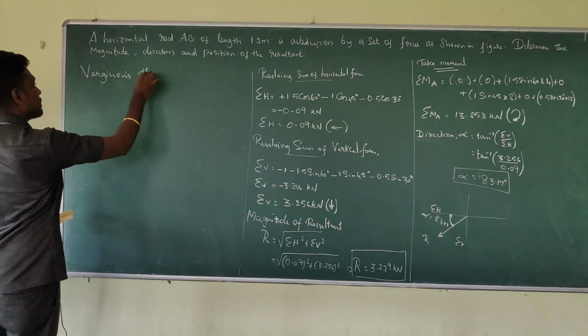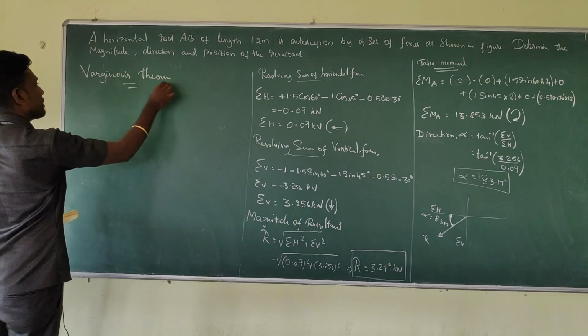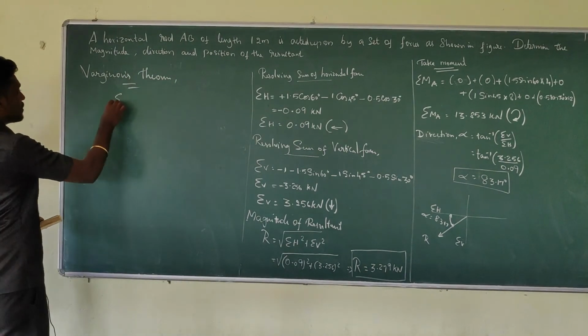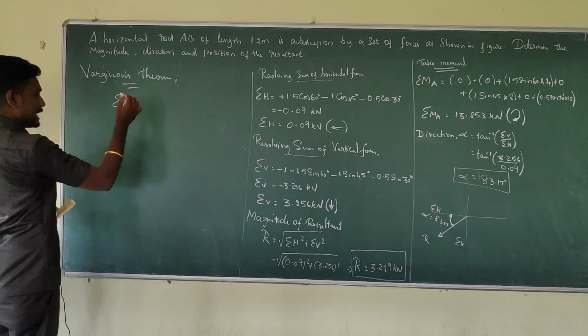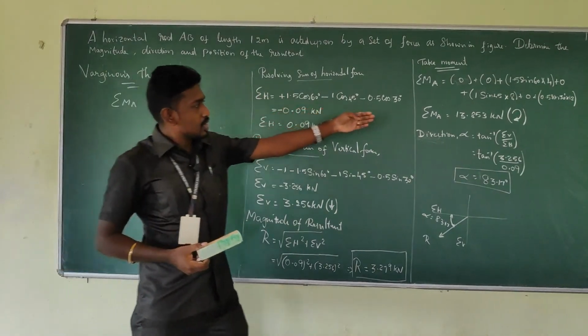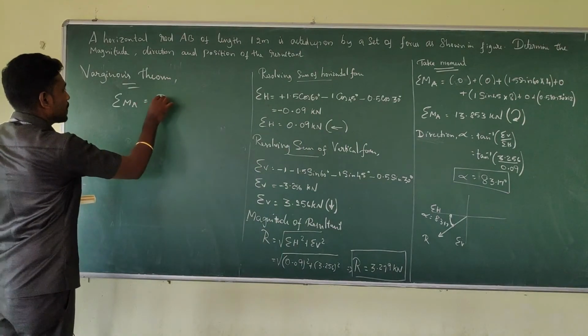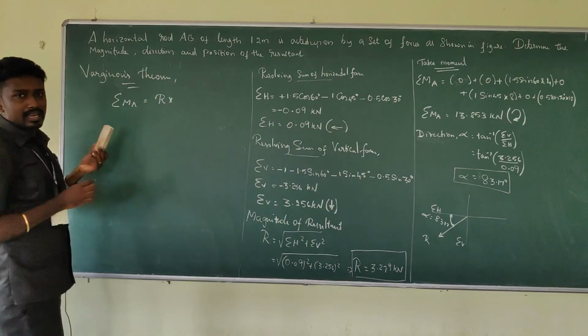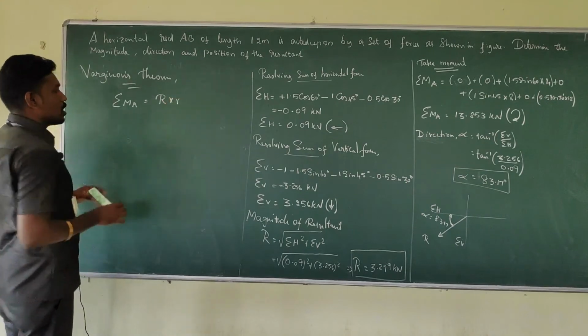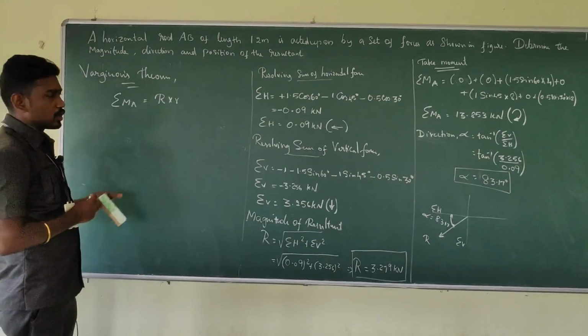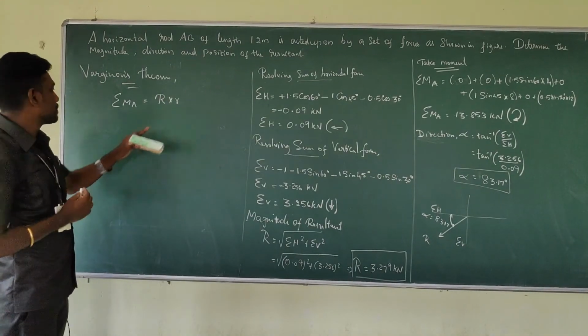Varignon's theorem: sum of moments about any point. Here I have already taken moment about A. So moment about A is equal to the resultant moment, so R into its perpendicular distance. I have taken it as small r.